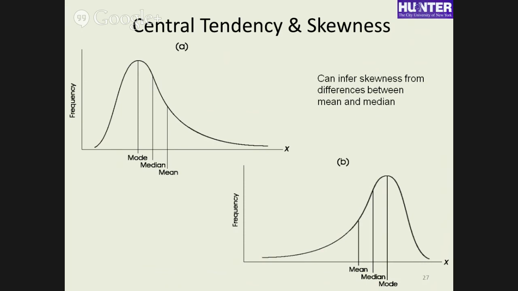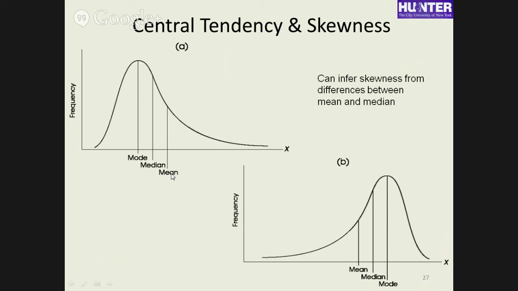When there's no skewness, these three measures will all be very close to the same, but the more skew you have, the more different they become. And you can detect skewness without even looking at a histogram or a box plot, just by looking at the mean and the median especially.